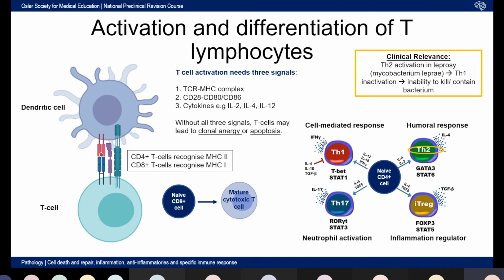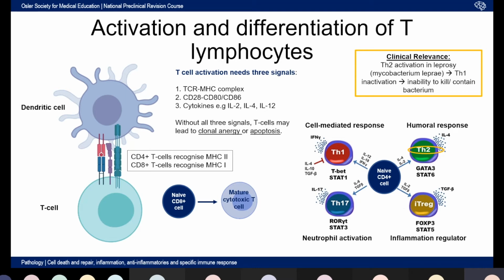The reason it needs cytokines is that, if you look on the diagram on the right hand side, as soon as you have a naive T cell, it gets converted into one of four different types of T helper cells: Th1, Th2, Th17, and iTreg. The differences are in how they act. Th1 promotes a cell-mediated response. They release a lot of IFN gamma, interferon gamma, which activates macrophages to do their function.